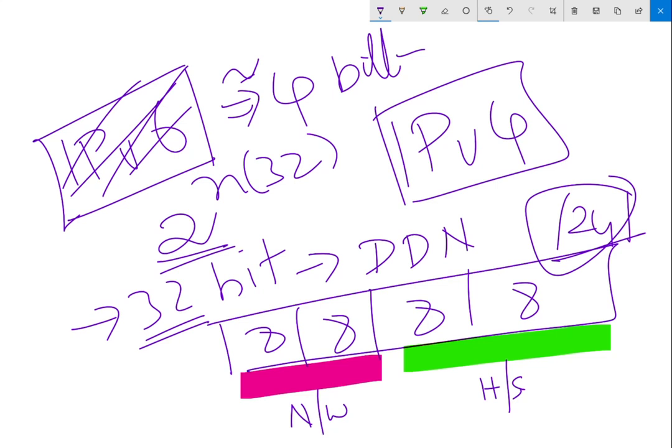This is not happening today or yesterday. It is a long process. People predicted the depletion of IP version 4 addresses long back, and they were trying to come up with a feasible, viable solution for it. There were a lot of suggestions, a lot of alternatives, out of which one of the best is IP version 6.